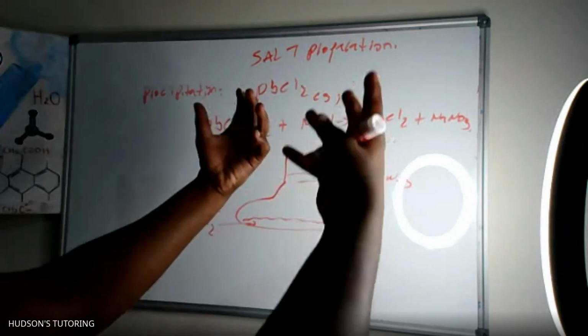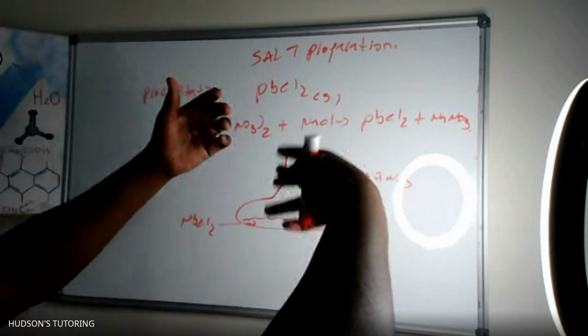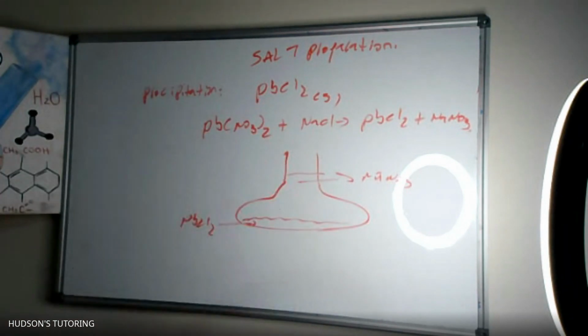Wash it off, allow any spectator ions or foreign matter to go through, and then we air dry it or oven dry. So that's precipitation to form insoluble salt.